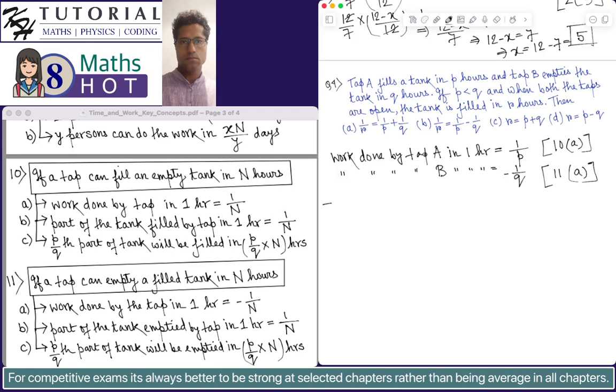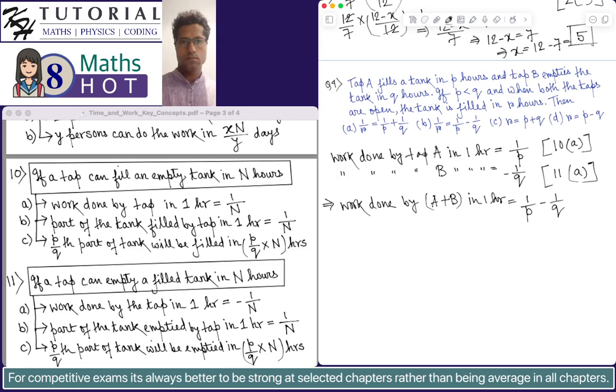Now since both the taps are open, they will work together. So the work done by A plus B, that is when both the taps A and B are open, in 1 hour will be equal to 1 by P minus 1 by Q. Why?